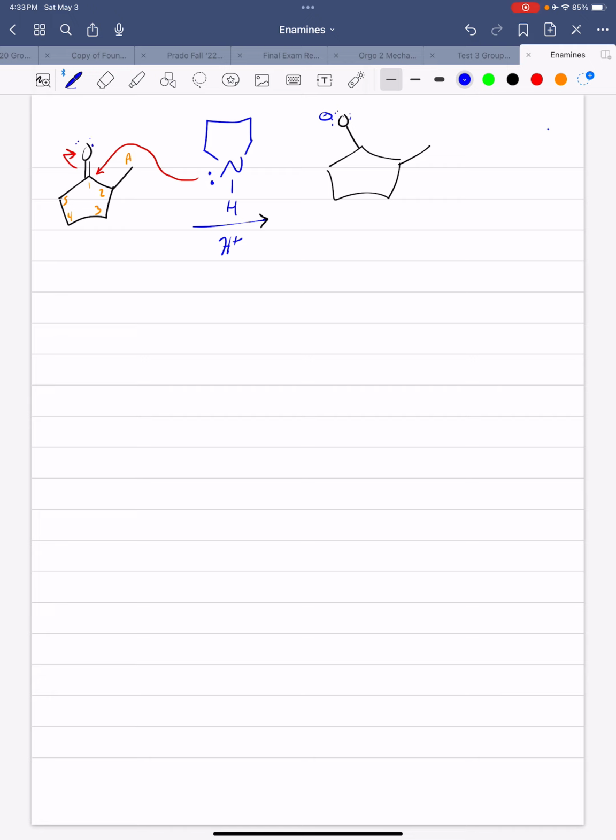Draw these lone pairs here. And then we have this nitrogen, which is attached to 1 proton still, and then this carbon group like that. Then we're going to protonate this oxygen, take care of its charge, make it neutral, make it alcohol. Then we get to this molecule here.